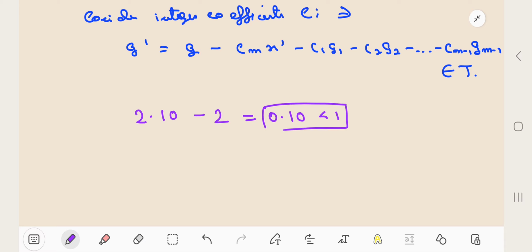And this is exactly what I am trying to do, because the elements in T have coefficients less than 1. I am just cancelling out appropriate coefficients from the linear combinatorial representation of G in terms of the elements we have, to bring it down to an element inside T.